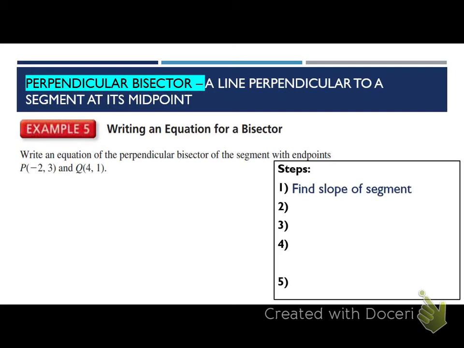In doing this, we can then find the perpendicular slope, which is the one we will have to use to find the perpendicular bisector. Step 2 is find the perpendicular slope. Once you know the perpendicular slope, then you need to know what point you're going to plug into the point slope formula. And that would be the midpoint. You will have to find the midpoint.